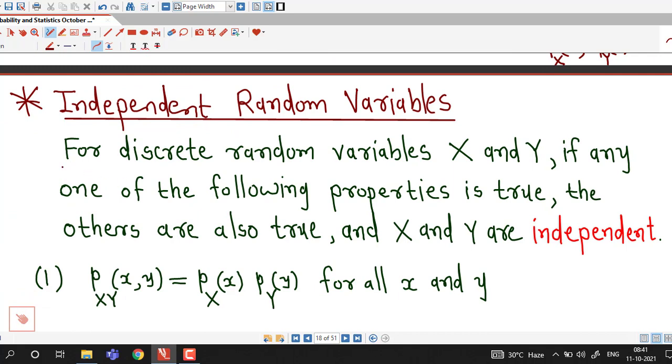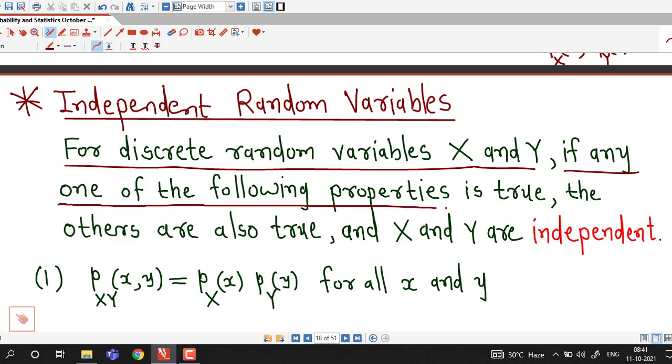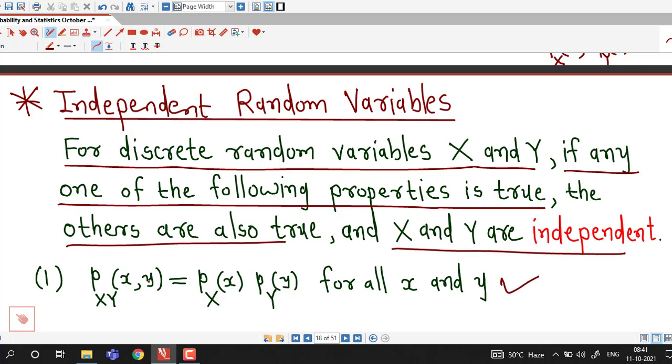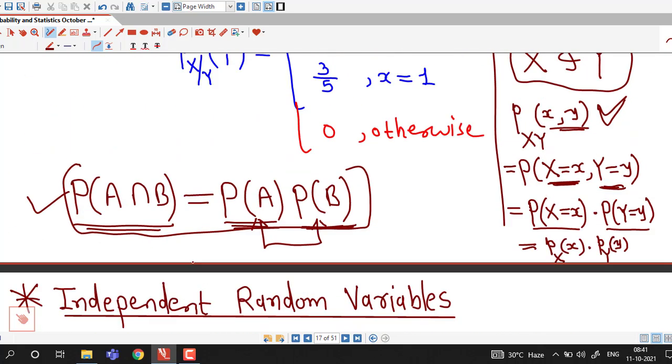Suppose I have two discrete random variables x and y. If any one of the following properties is true, then the others are also true and x and y are independent. This is the first definition: if P of xy equals px into py for all x and y, then x and y are independent. Now what are the other definitions?